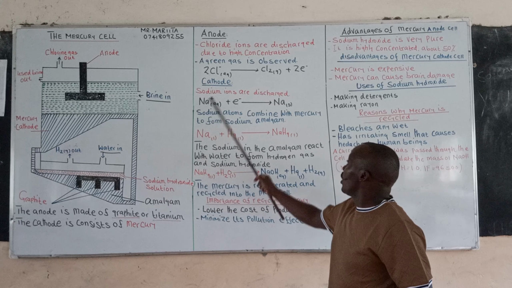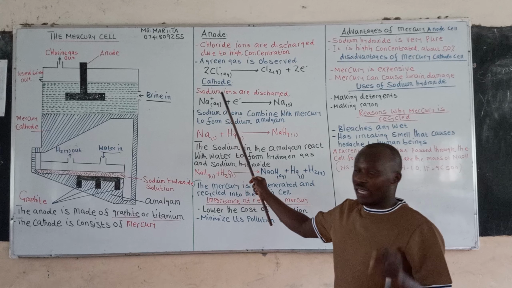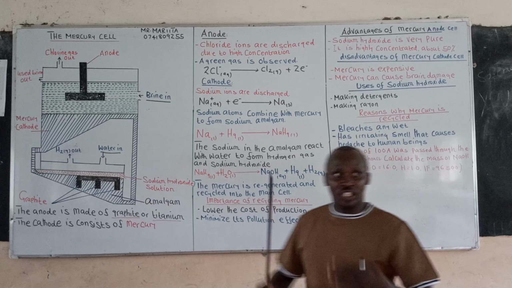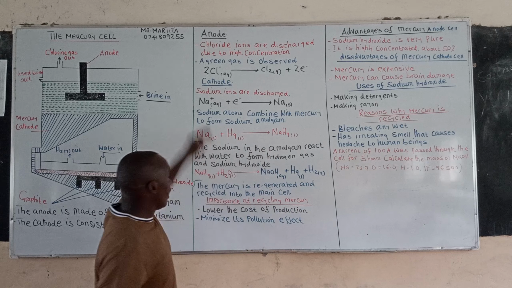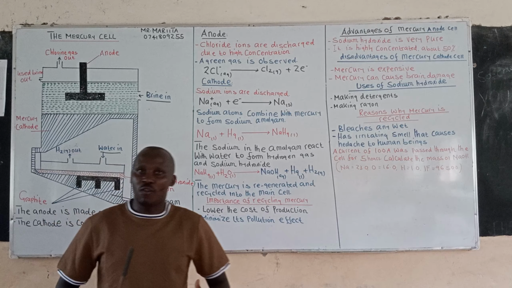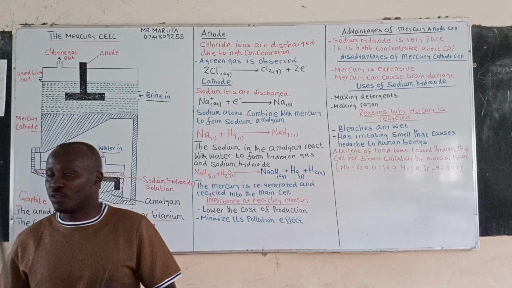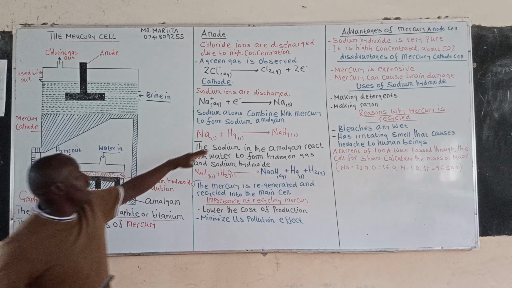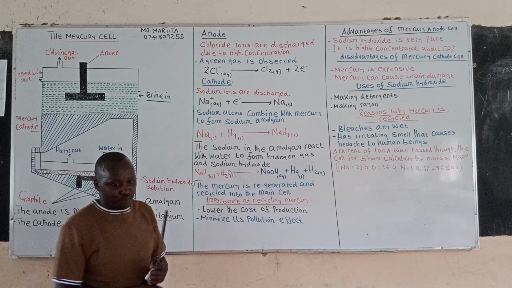But before that, at the cathode, the sodium ions are discharged due to their high concentration. That is why there is a formation of sodium here. The sodium atom formed combines with mercury to form sodium amalgam.